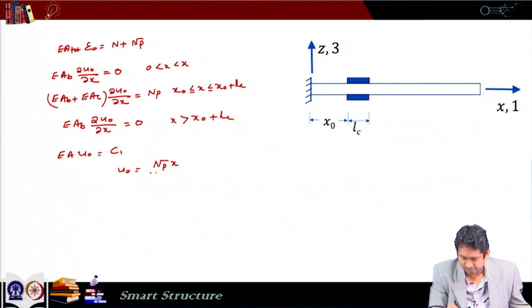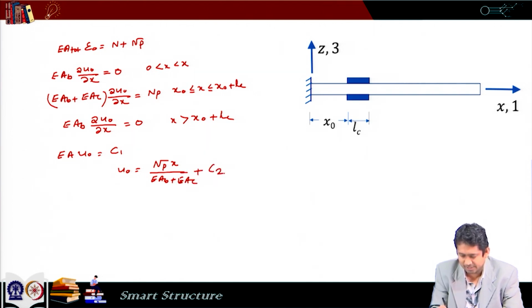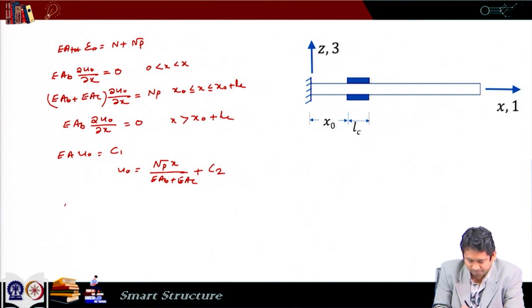So, then we can write U0 equals NPx by EAB plus EAC, and there is a constant C2. Here it does not matter because anyway it is 0, so better absorb the constant on this side and call U0 as just C1. So, C1 by EAB, that is one constant, let us call it C1.